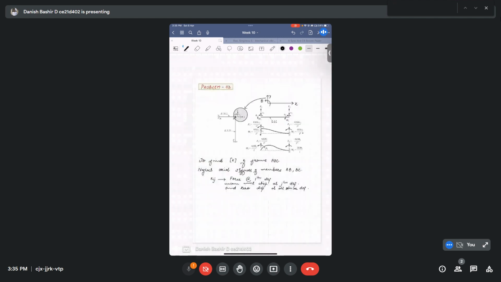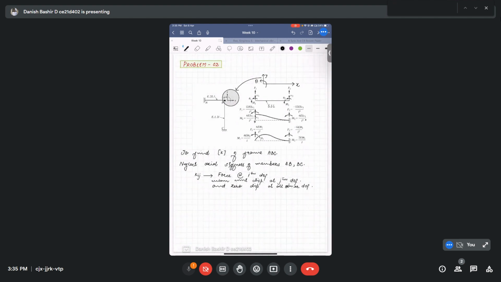Firstly, since AB and BC can both be considered as beams, axial effects are to be neglected. Okay, I already wrote AB and BC can be considered as beams.